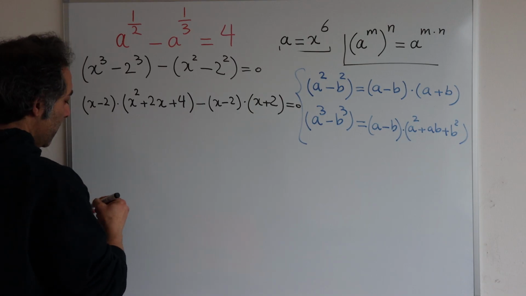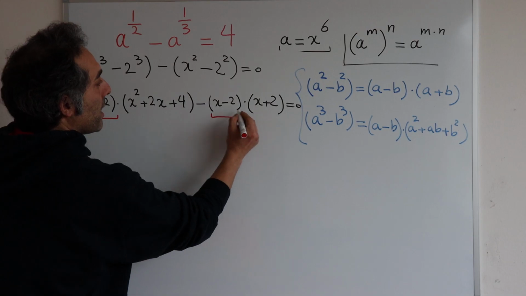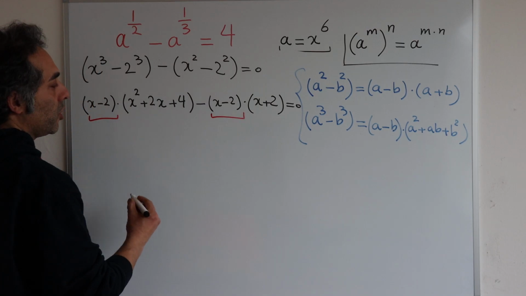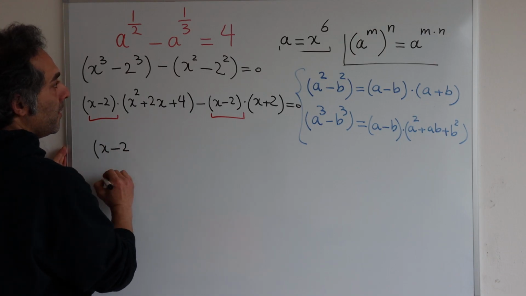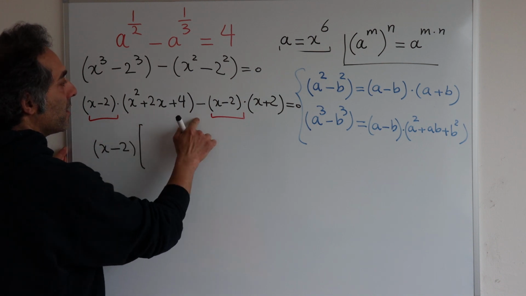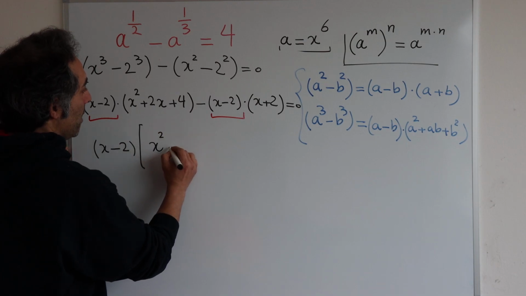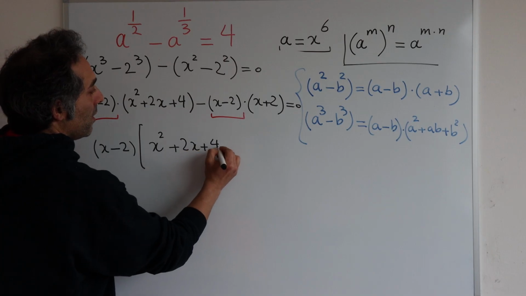And you can see x minus 2 is a common term in these two terms. I can just factor out x minus 2. Then from the first equation remains this one, x squared plus 2x plus 4.